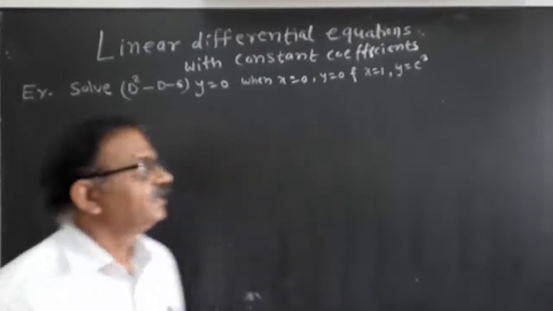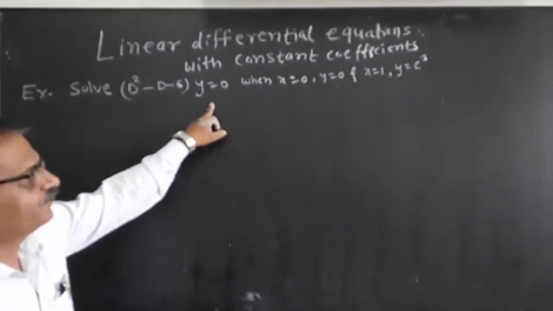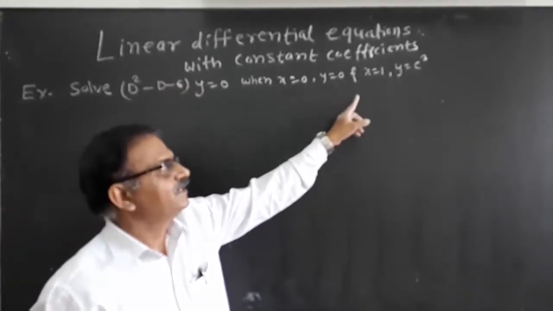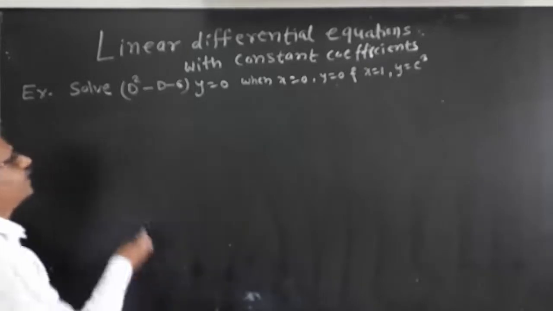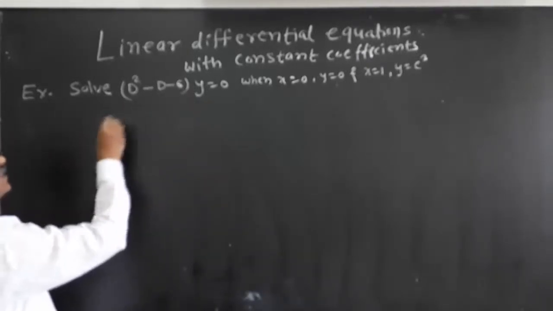Example: solve the problem (D square minus D minus 6)y equal to 0. Conditions are when x equal to 0, y equal to 0, and when x equal to 1, then y equal to e cube. First we shall solve this differential equation.